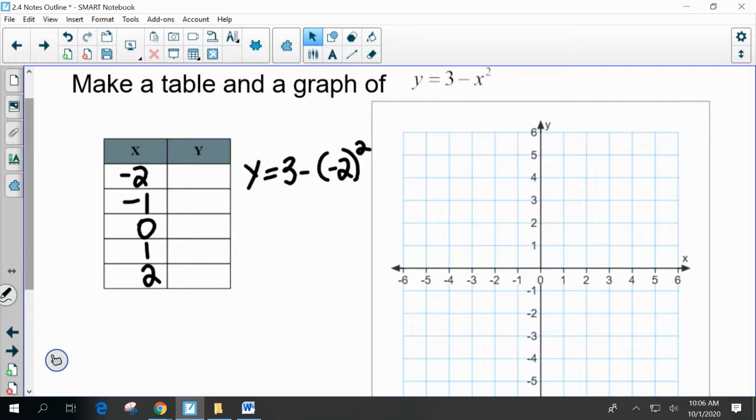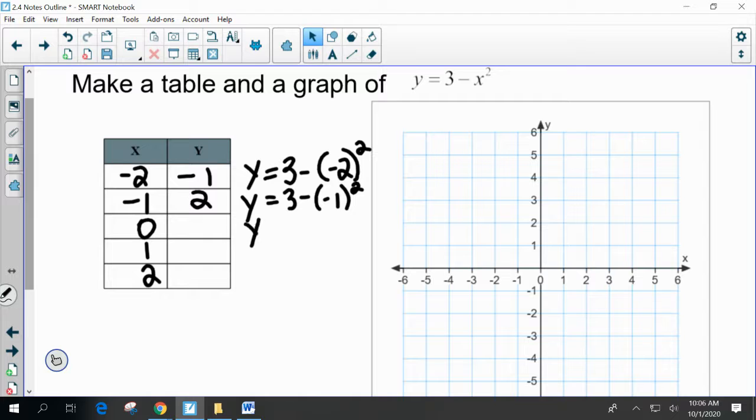So that would be 3 minus 4, which would be negative 1. Y equals 3 minus negative 1 squared. So that'd be 3 minus 1, which would be 2.